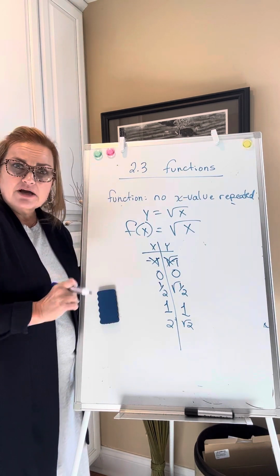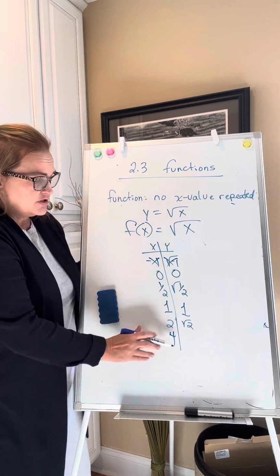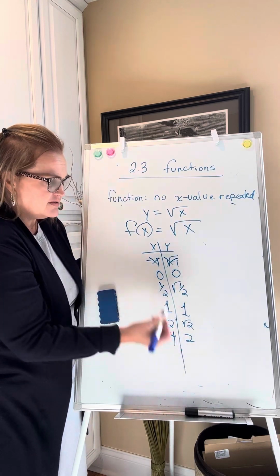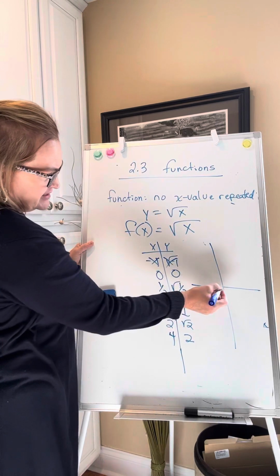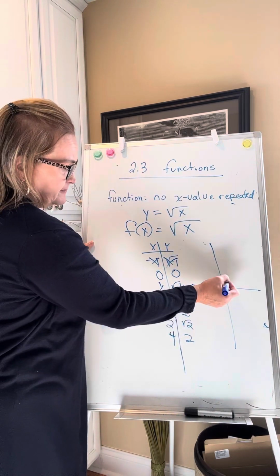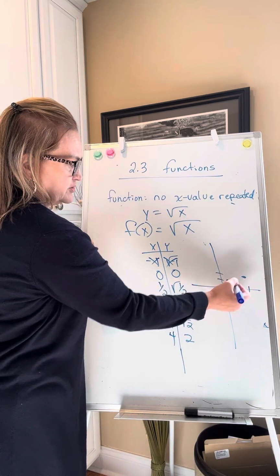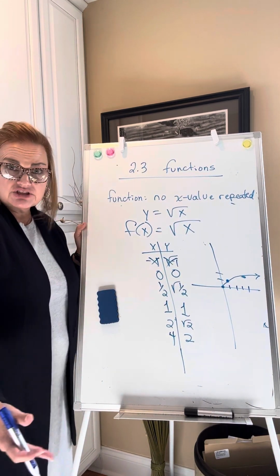So if there is a way to graph that, you wouldn't be asked to. Another nice number, though, might be 4. Square root of 4 is 2. So you might be thinking, what are these nice numbers I could plug in? In that case, I've got (0, 0), (1, 1), and (4, 2). Over 4, up 2. It actually makes this arc-looking shape. That's the square root function shape.